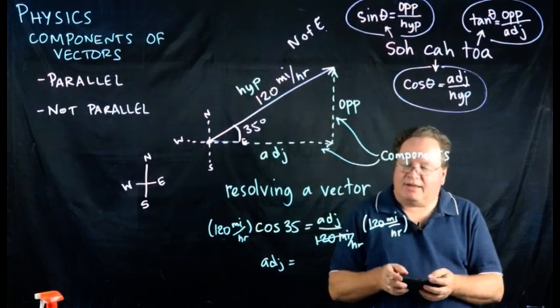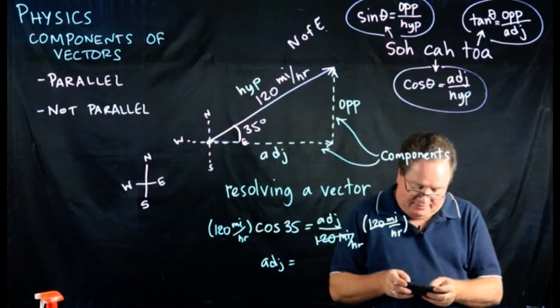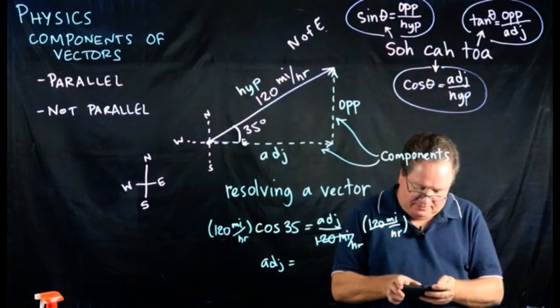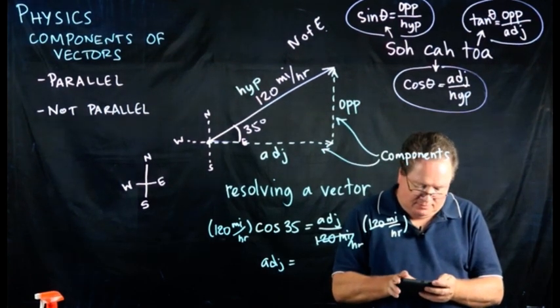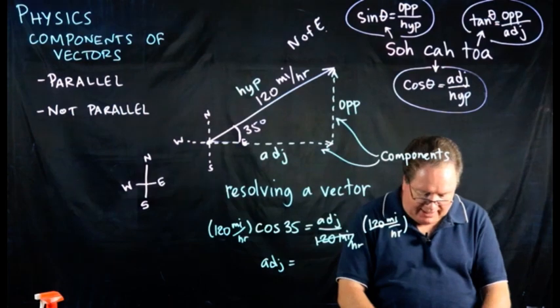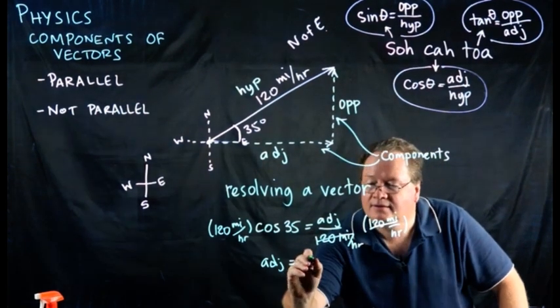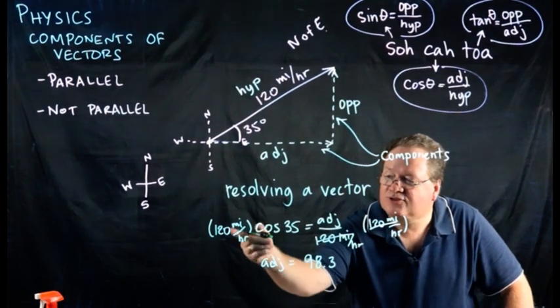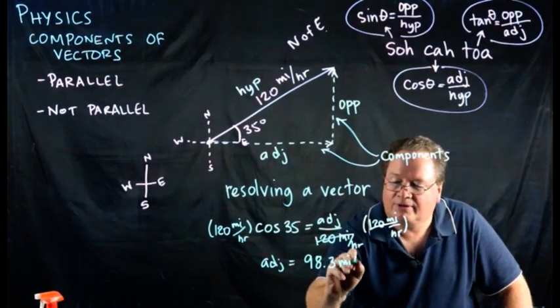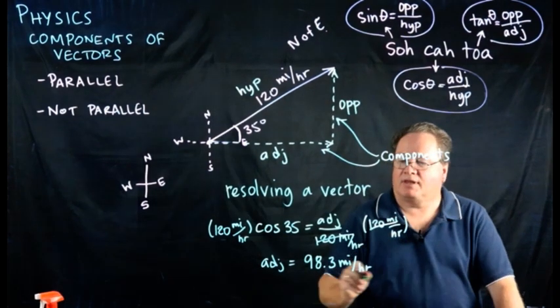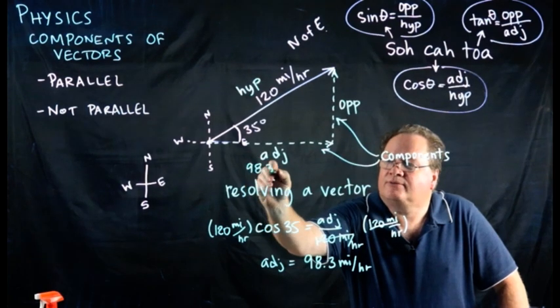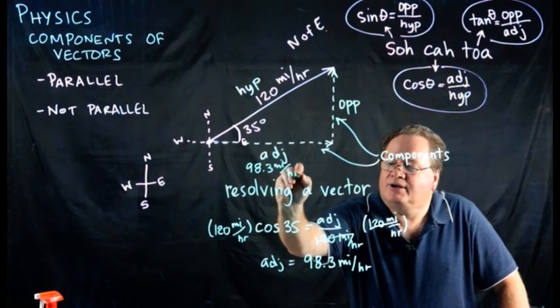So this would be cosine 35 times 120. I get 98.3. And this would be in miles per hour. Okay? So I know that this would be 98.3 miles per hour.